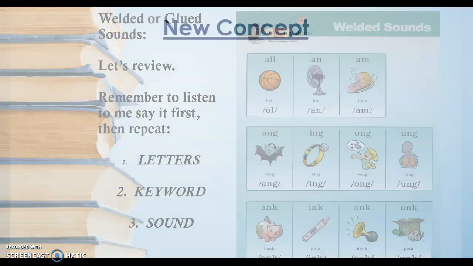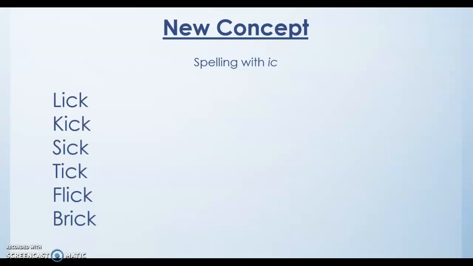What I wanted to talk about today was the CK, the K sound at the end of a word. More specifically, when it has an IC sound at the end, like ick. You've probably heard lots of words that have that ick sound at the end. Here are some: lick, kick, sick, tick, flick, brick.